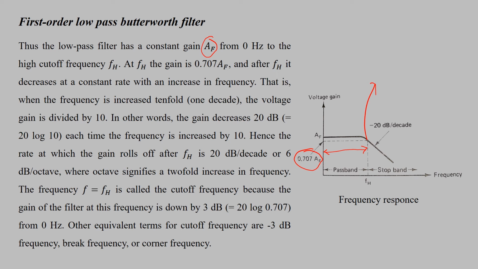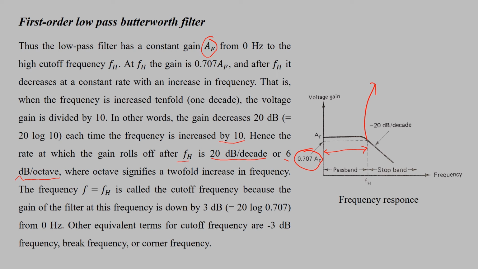In other words, the gain decreases 20 dB, that is 20 log 10, each time the frequency is increased by 10. Hence, the rate at which gain rolls off after FH is 20 dB per decade or 6 dB per octave. Octave means every two-fold increase in frequency.